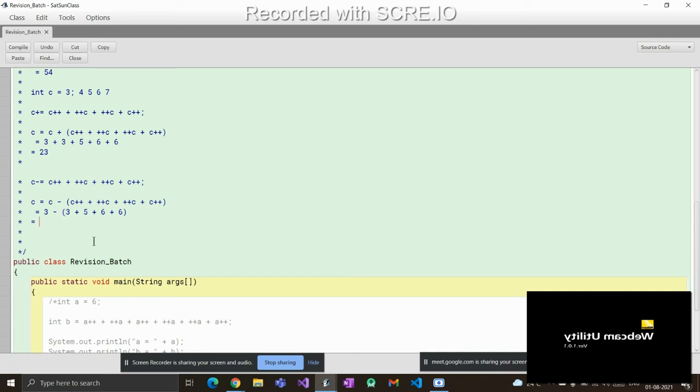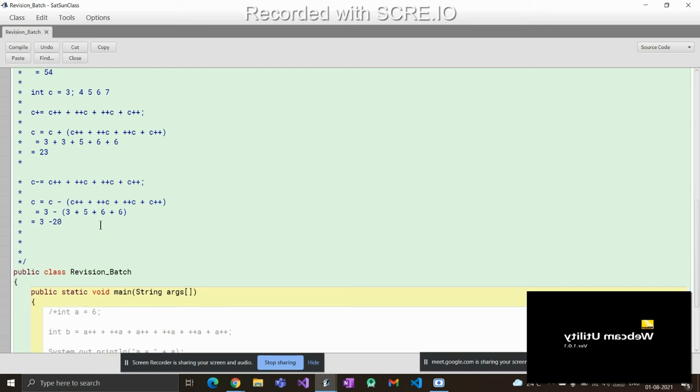So when I do this, 6 plus 6 is 12 plus 8, this becomes 20, and 3 minus 20 will give me the answer as minus 17. Is that clear?